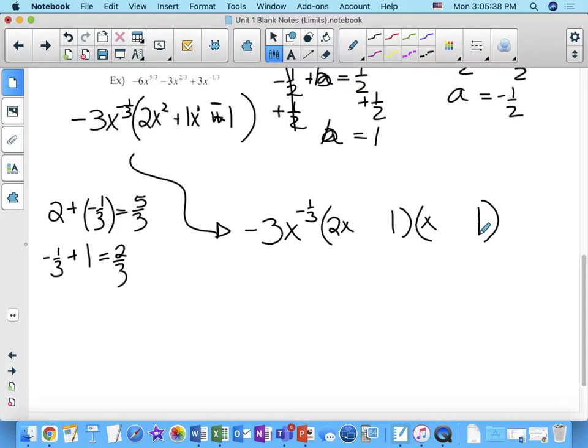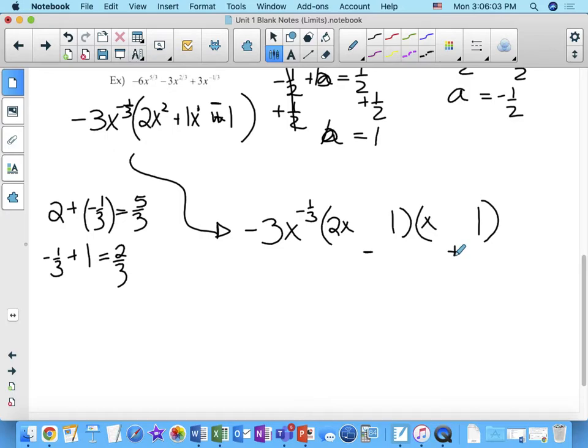The only thing that we need to play around with here is which one is negative and which one's positive. So let's suppose this one's negative and this one's positive. What would happen? If this one's negative, I know that that's 2x squared, I know that that's negative 1. So that's taken care of.